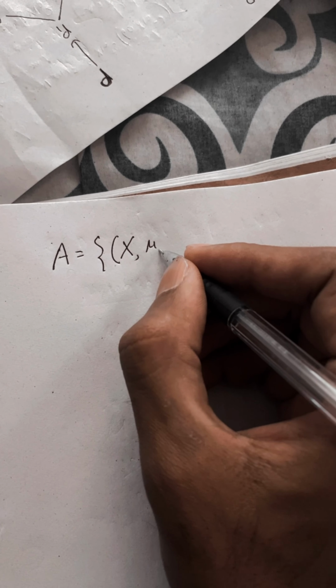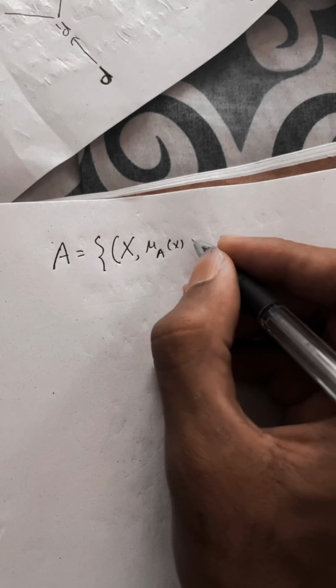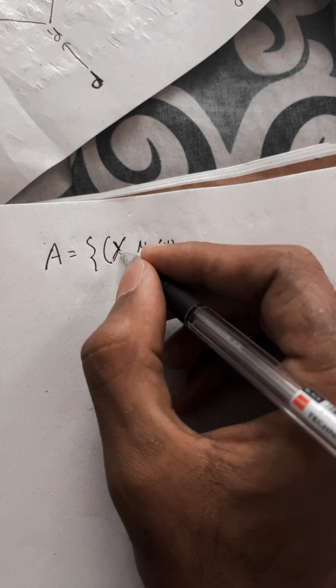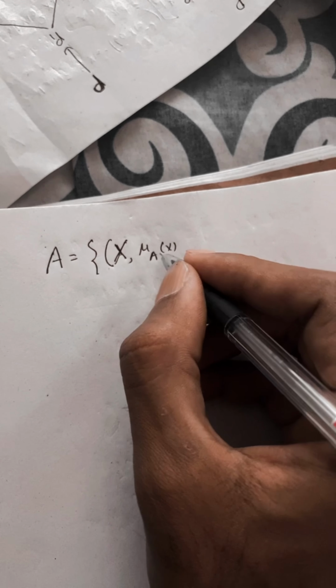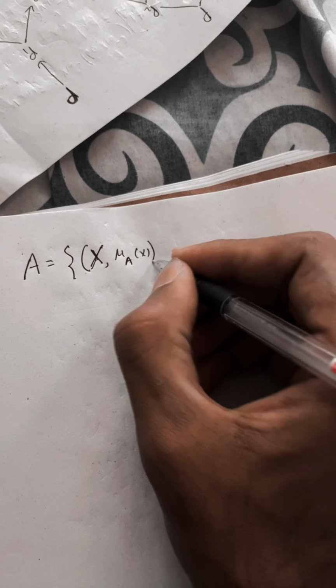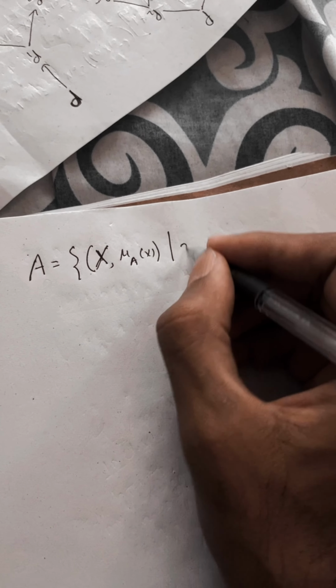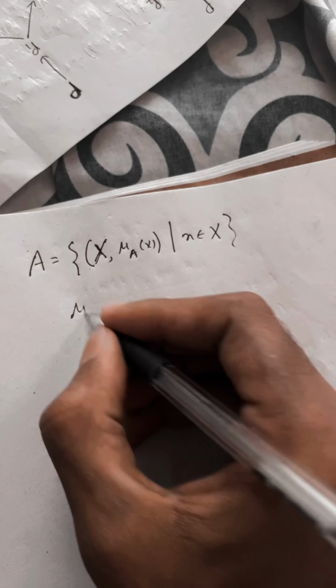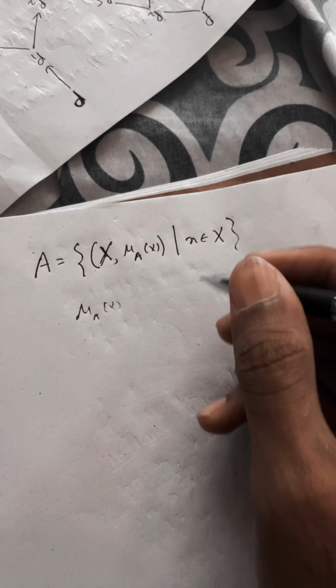It's a set, and on the set we are going to define this fuzzy set, and this is the membership value of the x that belongs to the set A. And the membership would look something like this.